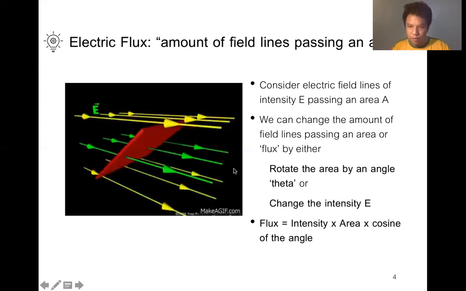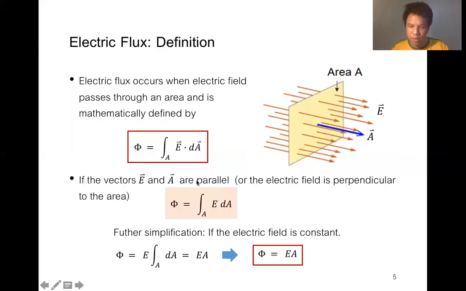So we define flux as the intensity times the area times the cosine of the angle, as we can see from this equation. The full definition of the flux is the integral of E dot dA, in which A is the vector of the area that is perpendicular to the surface.